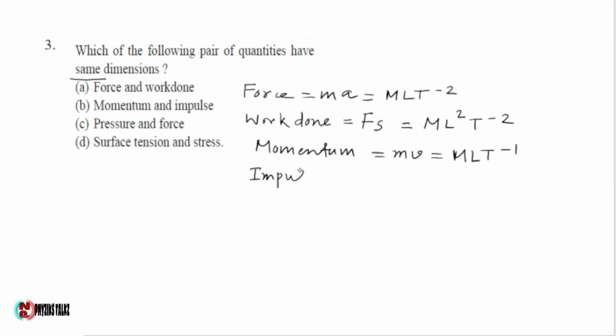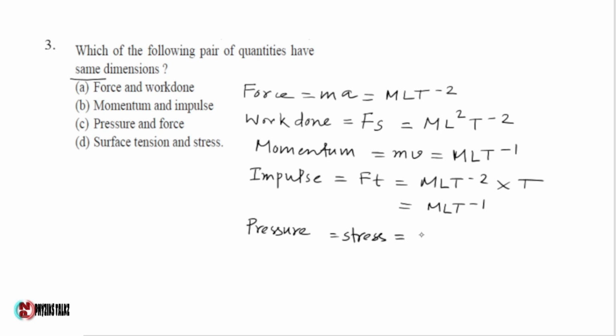is given by force into time, which gives MLT^-2 into T equals MLT^-1. Now pressure and stress have same dimensional formula, which is given by ML^-1 T^-2, and surface tension is force by length, which gives the dimension as MT^-2.